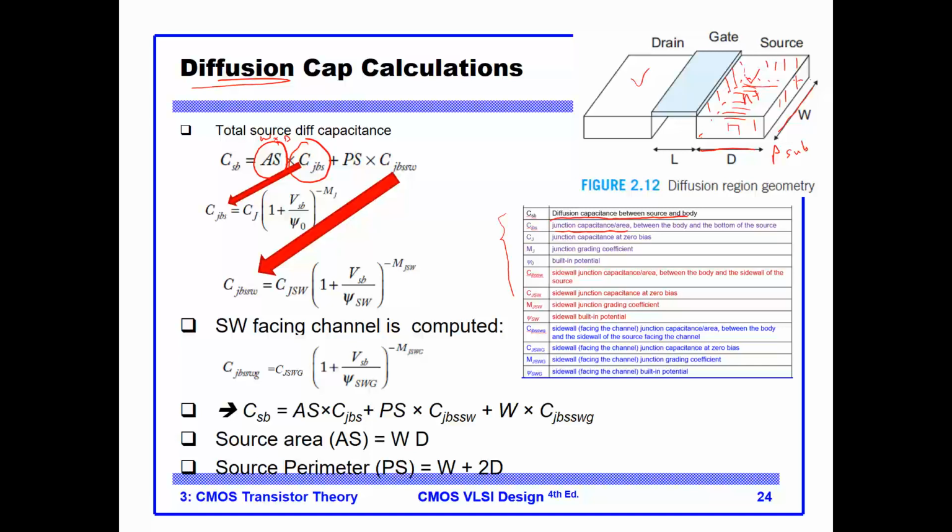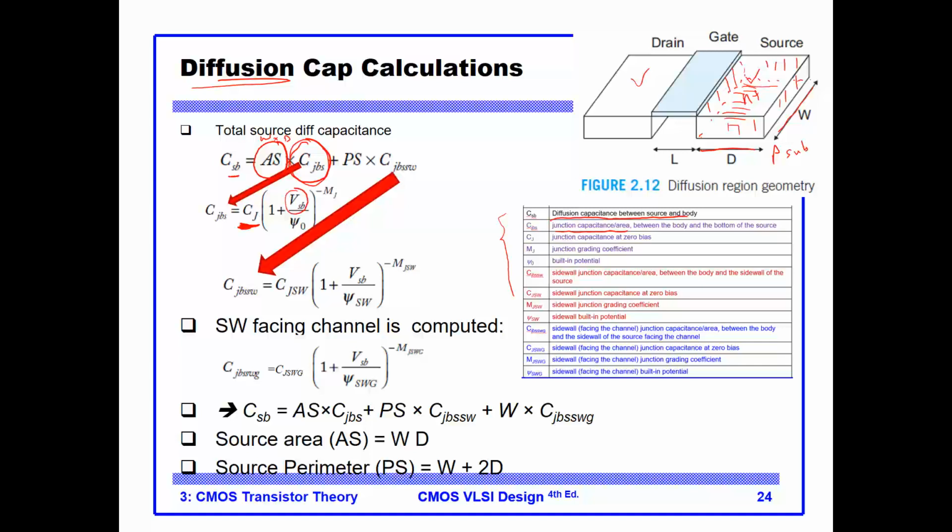So W times D gives me the area, and then I multiply it with the CJBS, which is the junction capacitance per unit area. And this CJBS is equal to CJ, the junction capacitance at zero bias, multiplied by open bracket 1 plus the voltage between the source and the body.